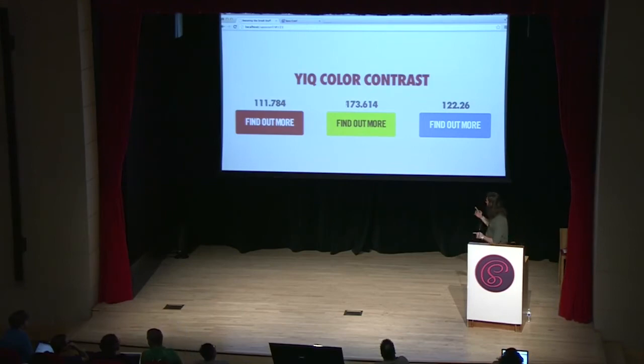And so this is the example of that going on, where the designer was coming to me saying the contrast doesn't feel right, and they didn't have a system for what color was dark and what color was light. They were just gut feeling it. And so I found this YIQ color contrast scale, and I came to them and said, hey, I really want to have a system for this, and I don't want to have to ask you every time we create a new button if it's dark or light.